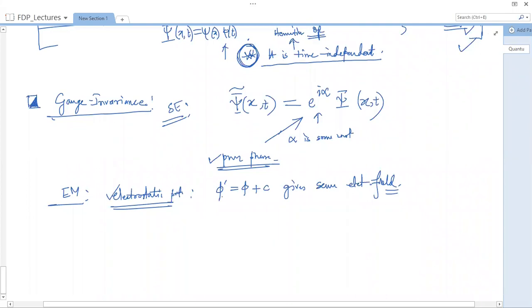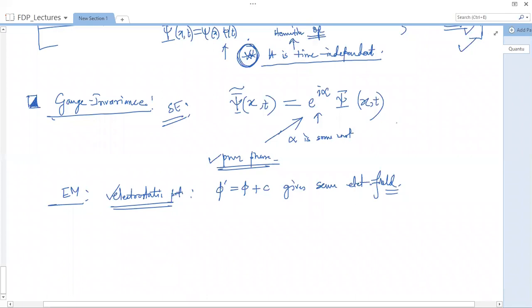Yes, of course, phi has physical significance, but some information in phi is irrelevant. That information in phi can be changed without changing the physical property. That's called the gauge invariance, or the gauge transformation. So here the meaning is psi has physical significance only up to a pure phase. If I multiply by a pure phase, even the psi tilde doesn't matter.